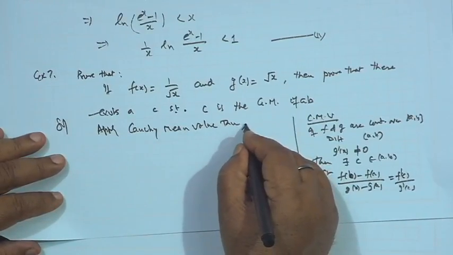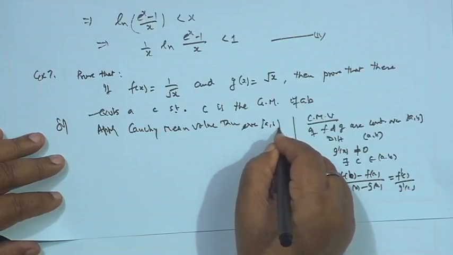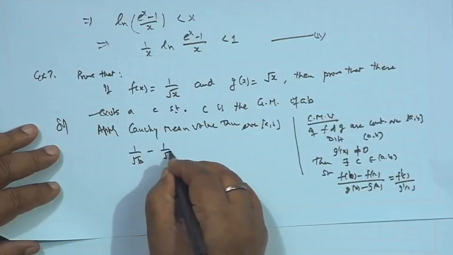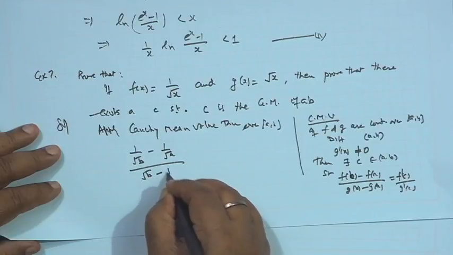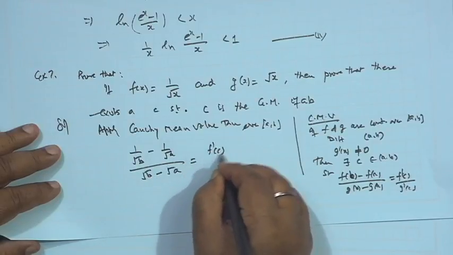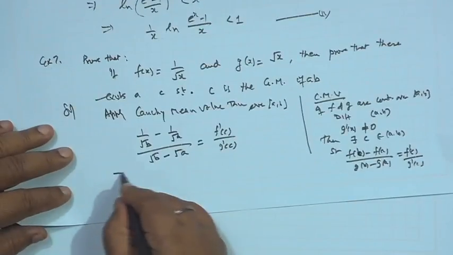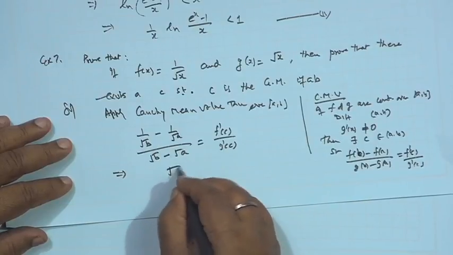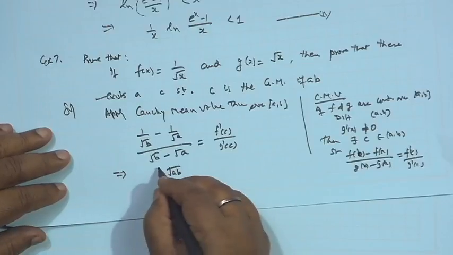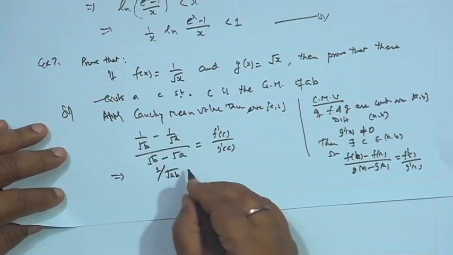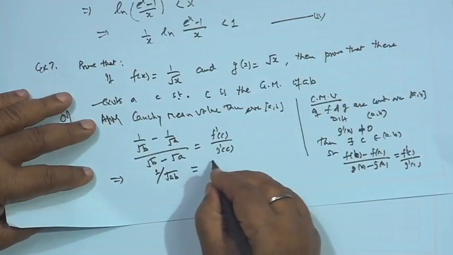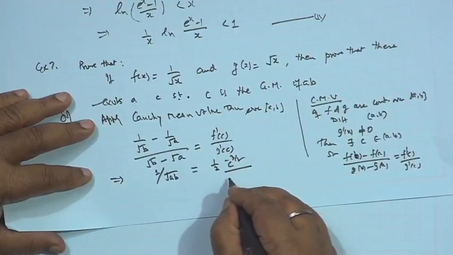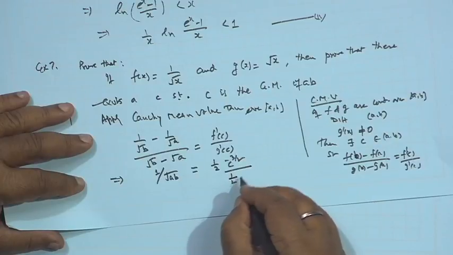So, by the Cauchy mean value theorem over the interval [a, b], we get from here (1/root b - 1/root a)/(root b - root a) = f'(c)/g'(c), and this is equal to nothing but 1/root(ab). Okay, and what is f'(c)? f'(c) will be (-1/2) c^(-3/2) over g'(c), which is (1/2)/root c.